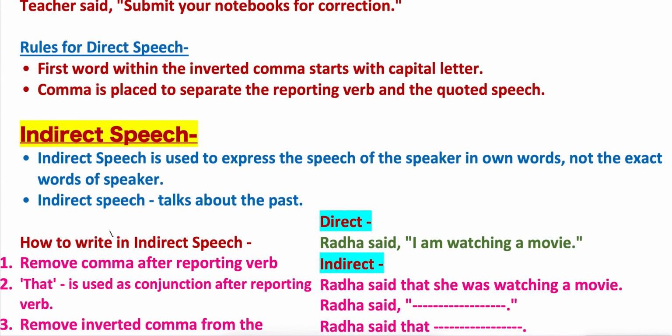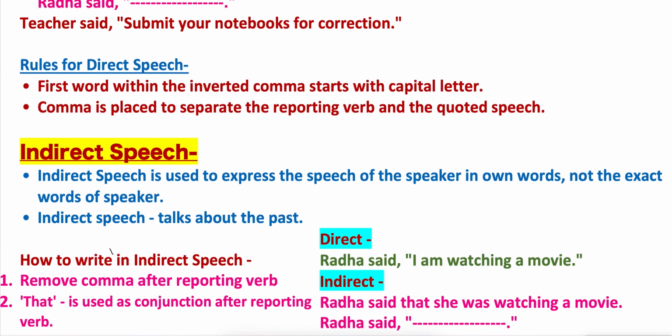Now we'll see what are the rules for writing the direct speech. The first rule is that the first word within the inverted comma starts with a capital letter. Here, the reported speech or the quoted words should start with a capital letter. Whatever sentence or words are there in the inverted comma, the first letter should start with a capital letter. Second, a comma is placed to separate the reporting verb and the quoted speech.